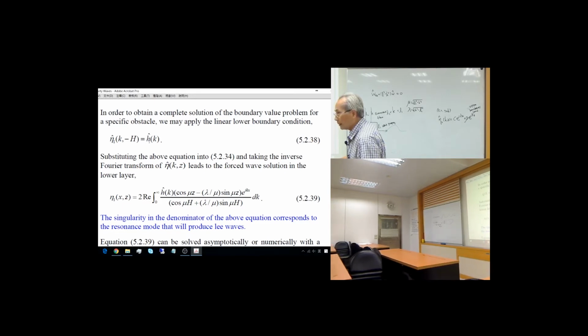That is the boundary condition we have: eta equals h hat. Remember eta is the perturbation at the surface, and it should follow the mountain because it's free slip. So you substitute that, and then you can solve this solution.